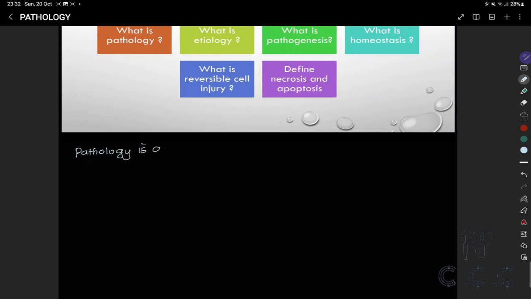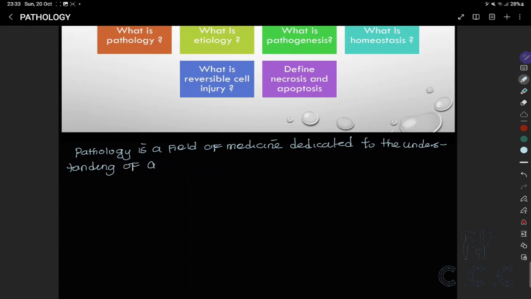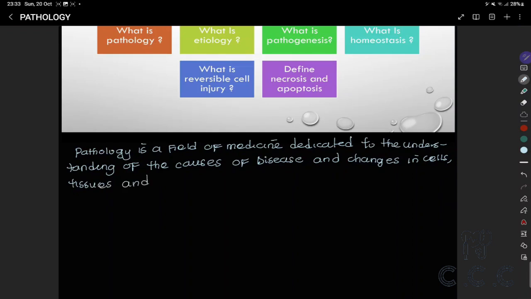Pathology is a field of medicine that is dedicated to the understanding of the causes of disease and changes in cells, tissues, and organs.